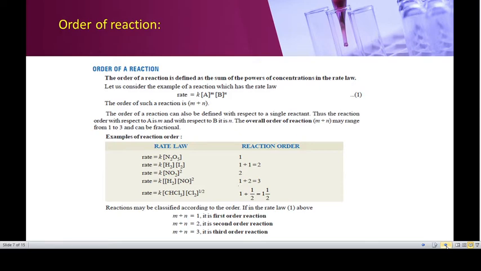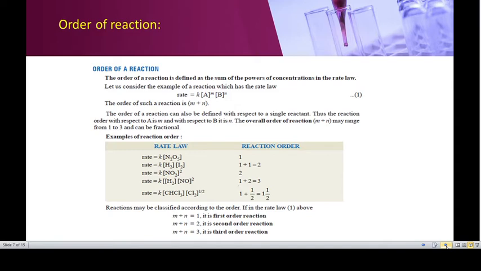Then according to the definition of order of reaction, it is the sum of powers of concentrations of A and B, that is m plus n. So order of reaction is the sum of powers of concentration terms involved in a rate law equation. If m plus n is equal to 1, then it is a first order reaction.